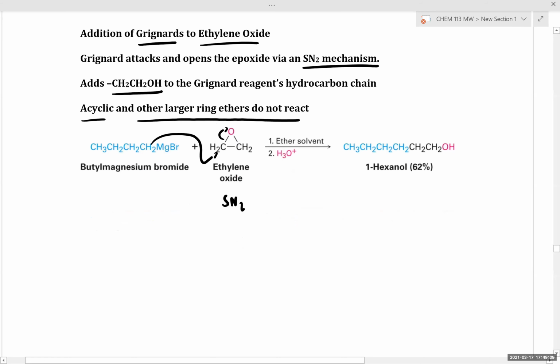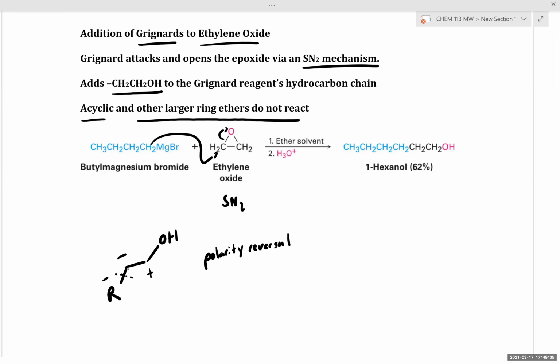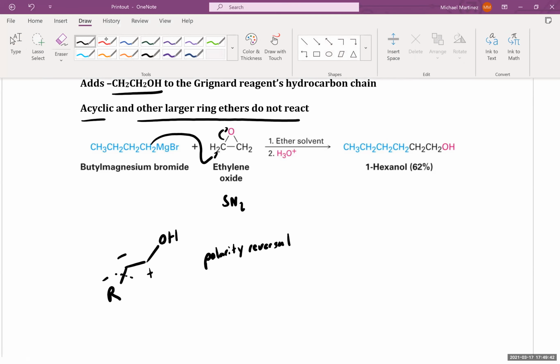Another thing that I'd like you to note, installing an R group adjacent to an alcohol is a pretty interesting case of a disconnection that's known as polarity reversal, in that it allows us to form bonds between two carbon atoms that are typically very difficult to form bonds between. Notice how this bond forming reaction utilizes an irregular pattern of reactivity, right?